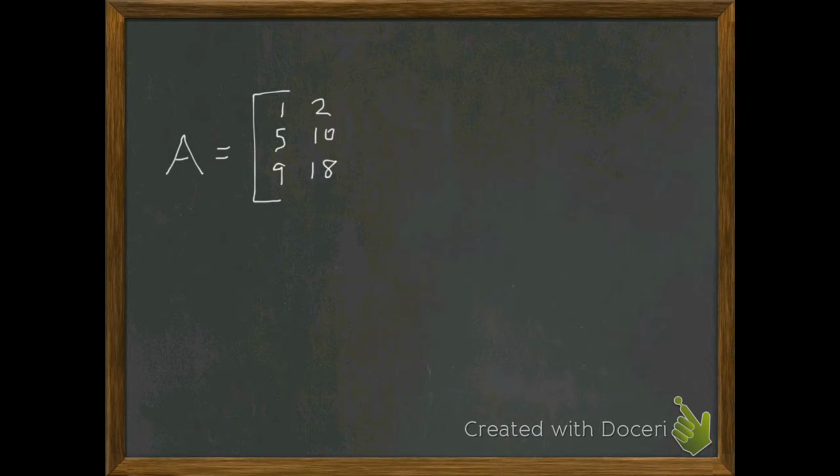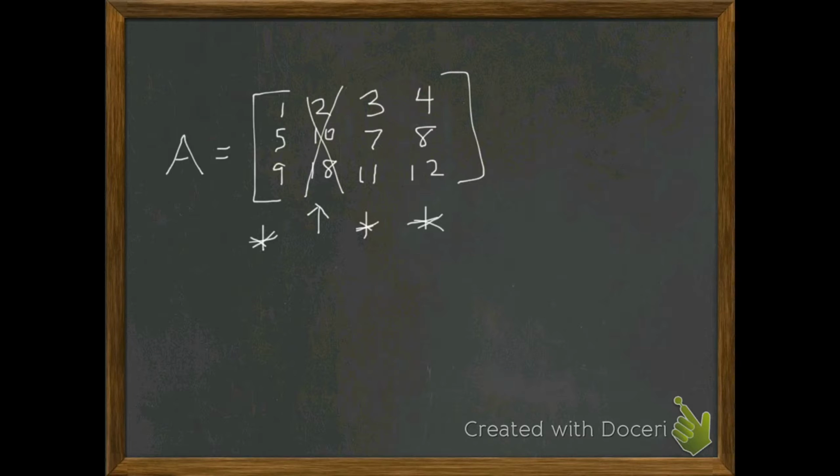Wow, this thing's gone nuts. So 7, 8, and 10, 11, 12. Now, if we can kind of ignore this right here, we have column 1, column 2, column 3. Well, we can't ignore it, but in terms of the rank, we can ignore it.